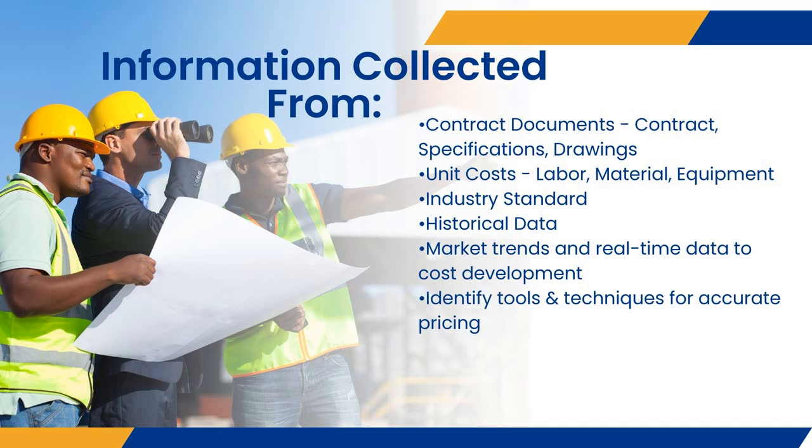Now, we do have something called industry standard. And when we're using industry standard, these are going to be the expectations of what is expected and standard in the construction industry.